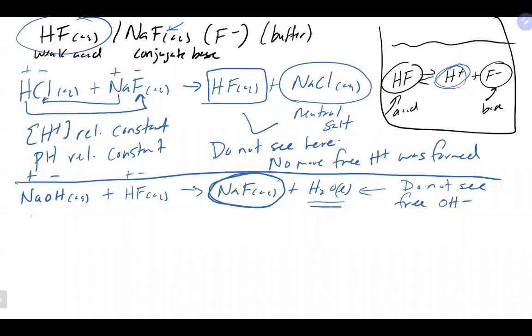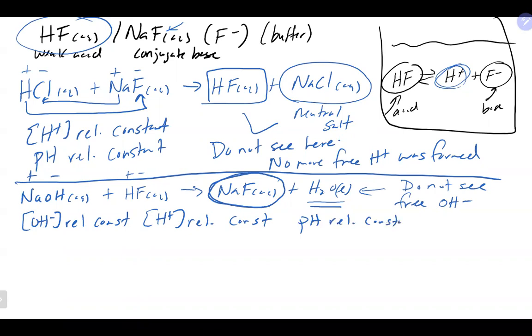And because OH minus concentration stays relatively constant, the H plus concentration, which is tied to it, will stay relatively constant. Remember, they go opposite of each other, right? So as one moves, the other moves. That means that our pH will stay relatively constant. So the reason why a buffer can resist changes in pH is because it has an acid part and a base part.